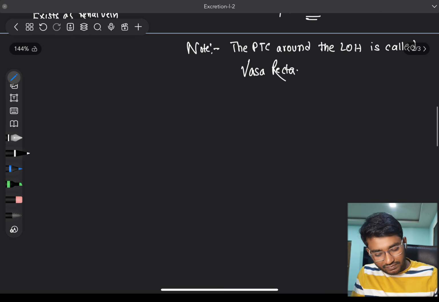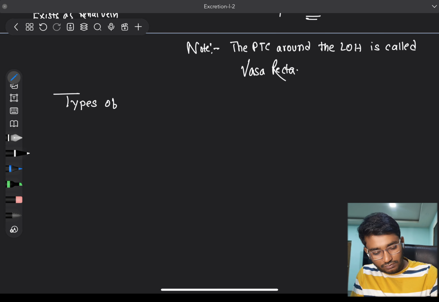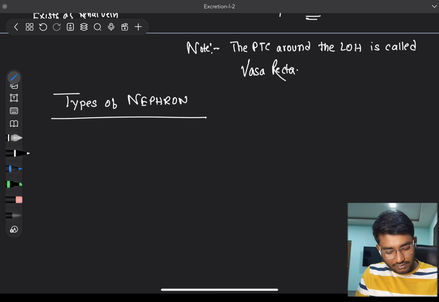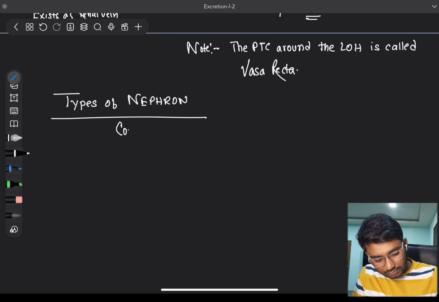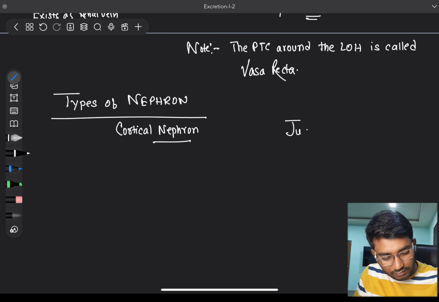Okay, now the types of nephron: cortical nephron and juxtamedullary nephron.